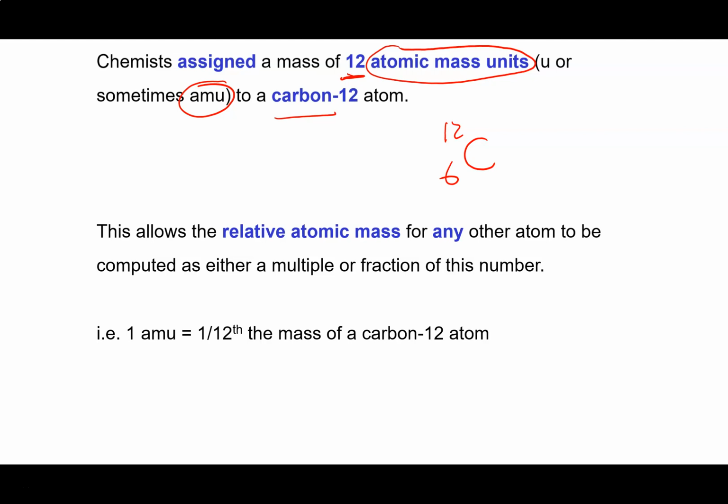So then what we do is we establish a relative atomic mass scale where we just say that 1 AMU is exactly 1/12 the mass of a carbon-12 atom, and then every atom's mass, or every isotope's mass, can be expressed as either a multiple or a fraction of this number.